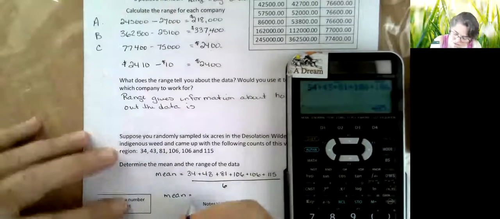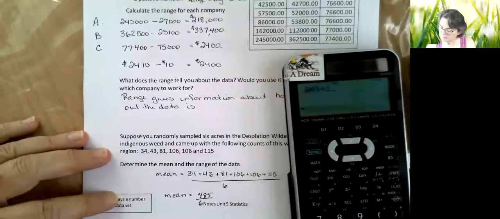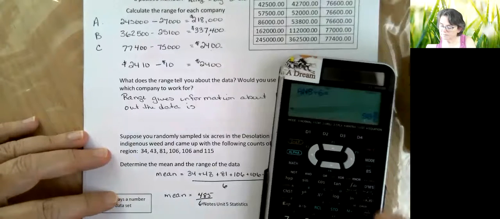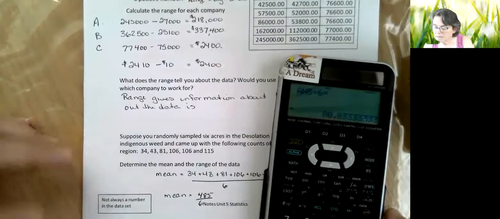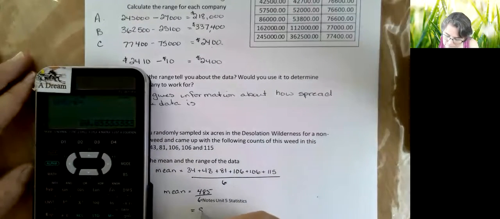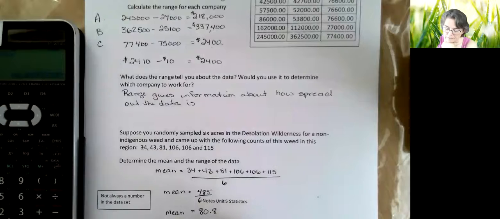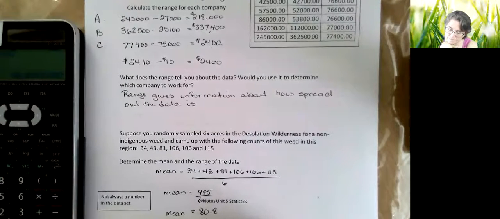So it's 485 over 6, which is 80.8. So that means on average, there's about 81 plants at those sampling acres.